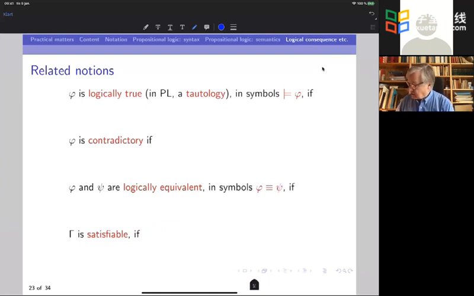It means that phi is true in every valuation. We say that phi is contradictory if it's not true in any valuation, that is, if it's false in every valuation.